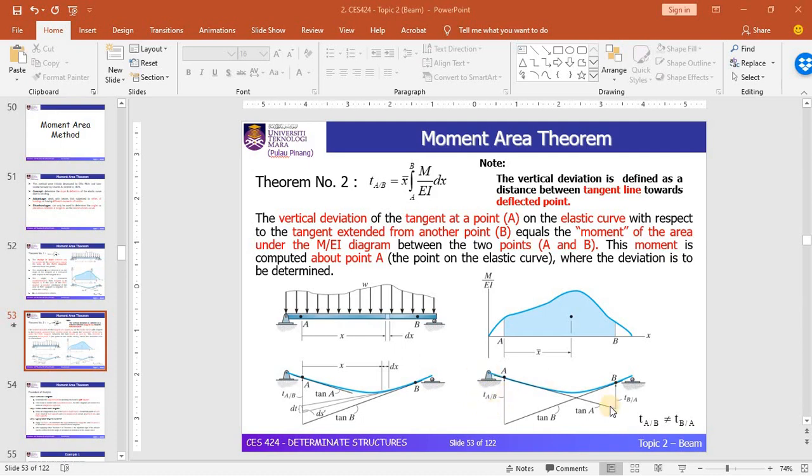Besides that, you can calculate the vertical deviation for TBA, where in this case you can see that TAB is not equal to TBA.